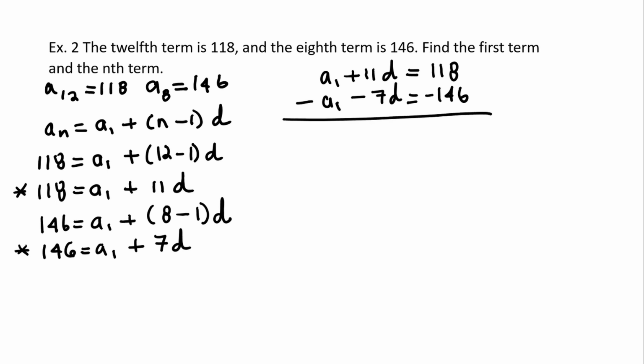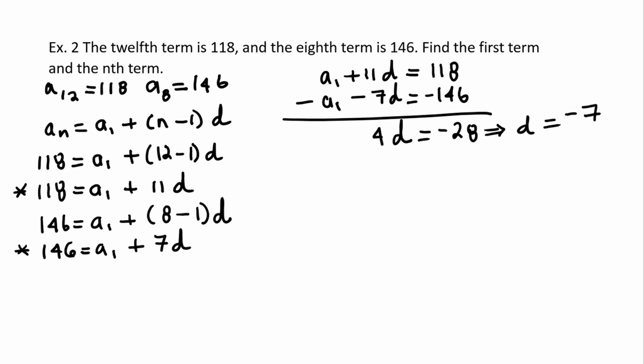We can add these two equations. The a sub 1's cancel each other. 11 minus 7 gives us 4d. And then 118 minus 146 is negative 28. Solving for d, dividing by 4 on both sides, we get that the common difference is negative 7.